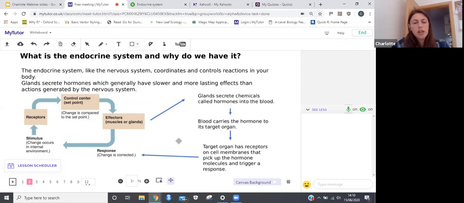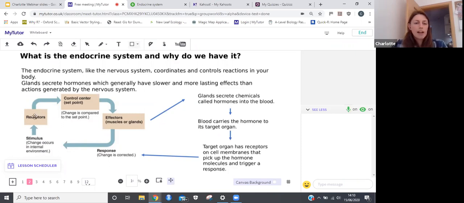So I wanted to show how they fit into our reaction sequence that we've talked about before. So we talked about how a stimulus is a change in the internal or external environment. And that change is perceived by receptors, for example, the eye that we talked about last week.